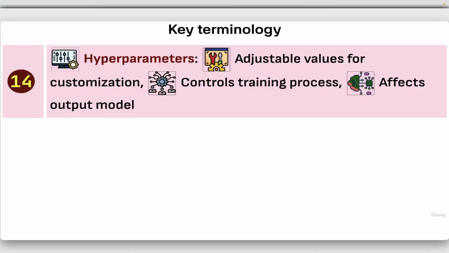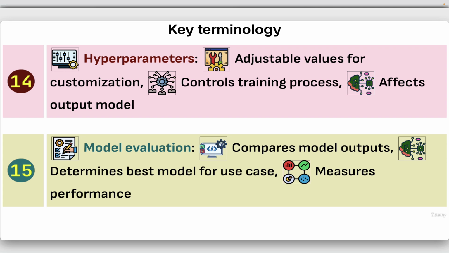Hyperparameters: values that can be adjusted for model customization to control the training process and consequently the output custom model.